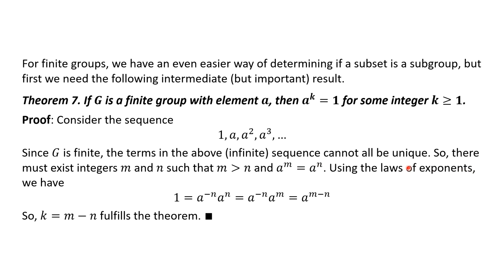Then using the laws of exponents, we have the identity equals a to the minus n, a to the n, that product. And then we just plug in m, a to the m. And then this is equal to a to the m minus n. And since m is greater than n, we can let this be our k, and that fulfills our theorem.